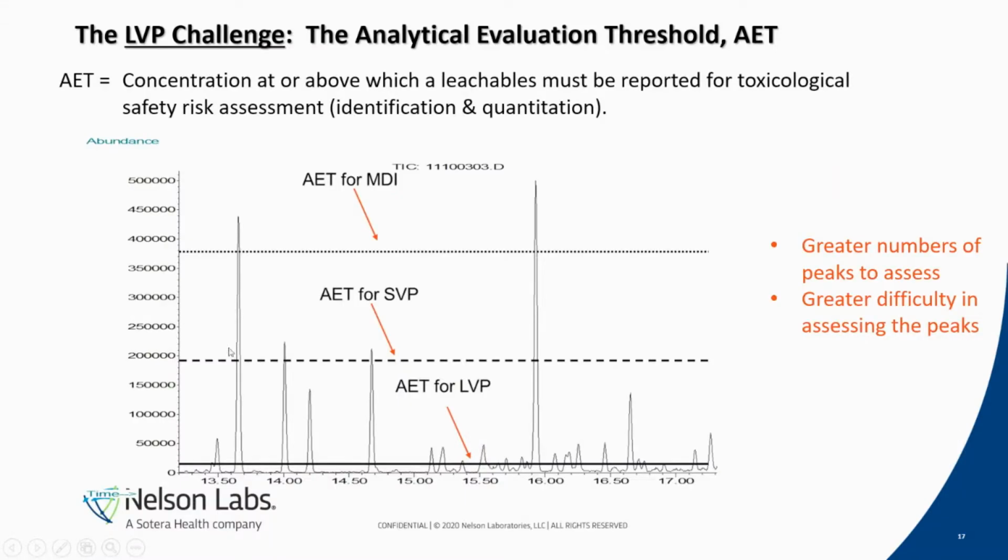I don't think I need to explain a chromatogram to anyone, but a sample is injected into a chromatograph. The output is a chromatogram, which is a set of chromatographic peaks, where each peak represents an individual leachable, and the magnitude of the peak represents the concentration of the leachable.